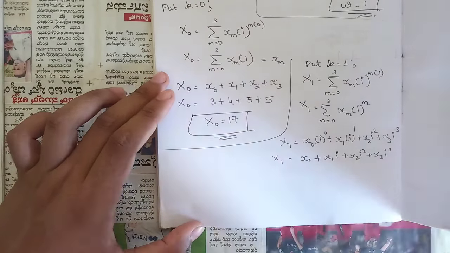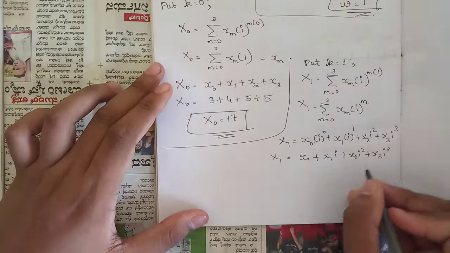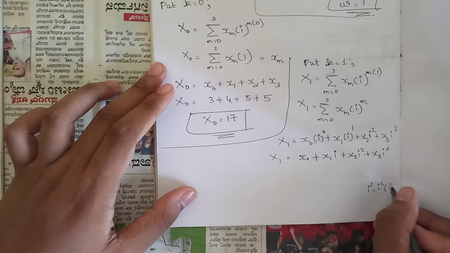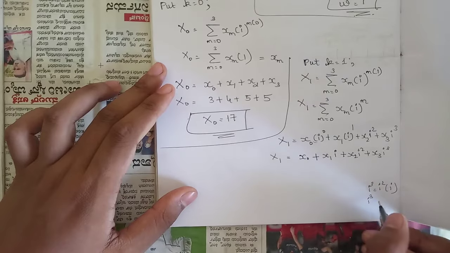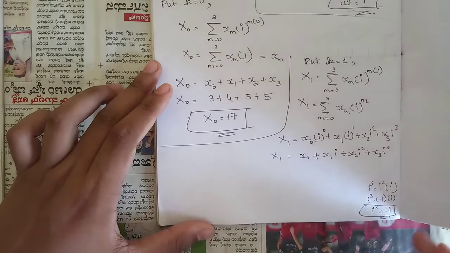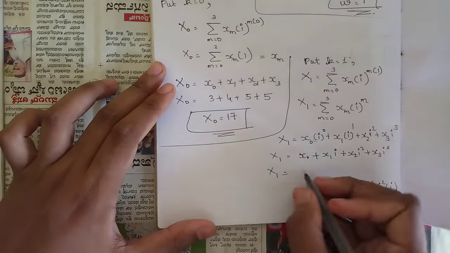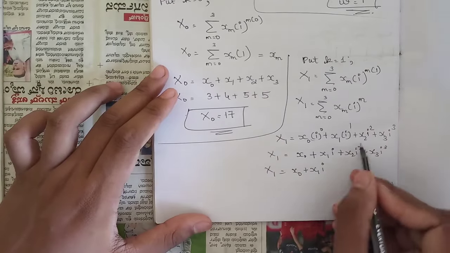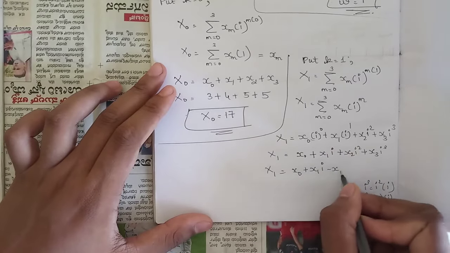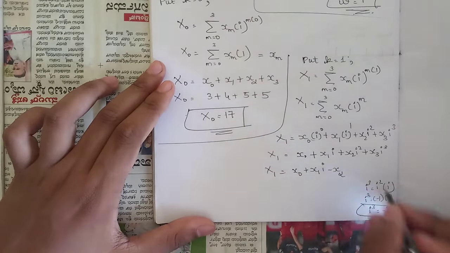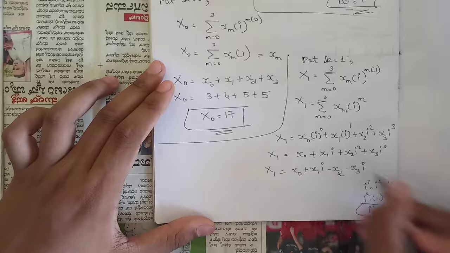So now we know that the value of I square is equal to minus 1, and also we can write I cube as I square into I. Again we know that I square is minus 1, into I, so the corresponding value of I cube we get is equal to minus I. So now let's write them here: x0 plus x1 I, so I square is minus 1, so this x2 will become minus x2, and again the value of I cube is minus I, so minus x3 into I.